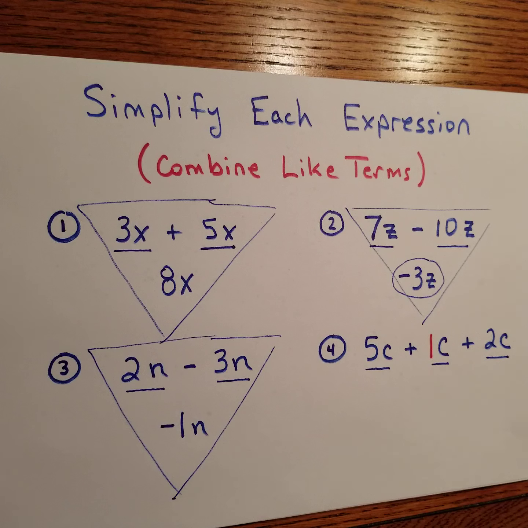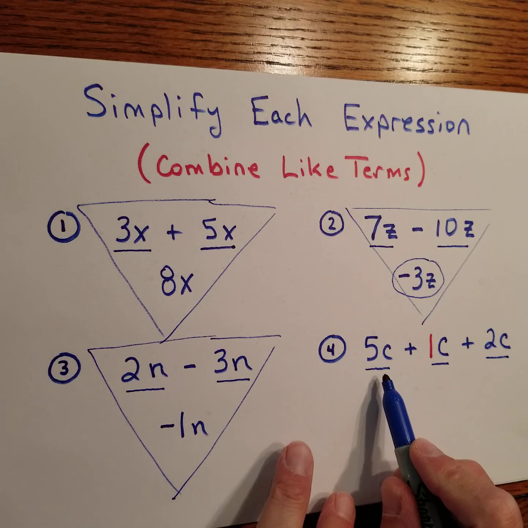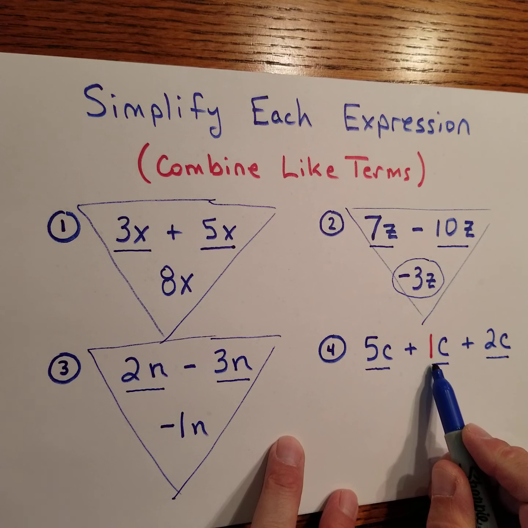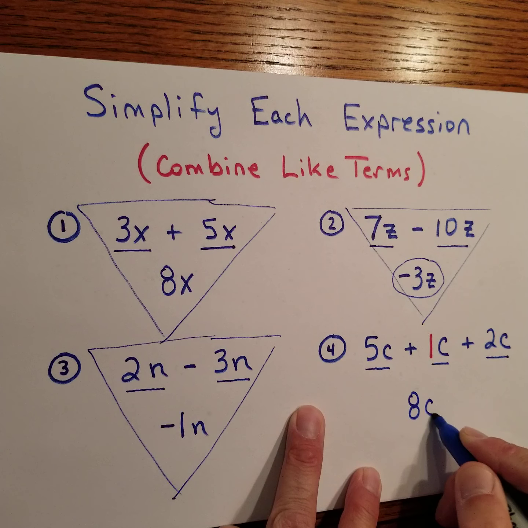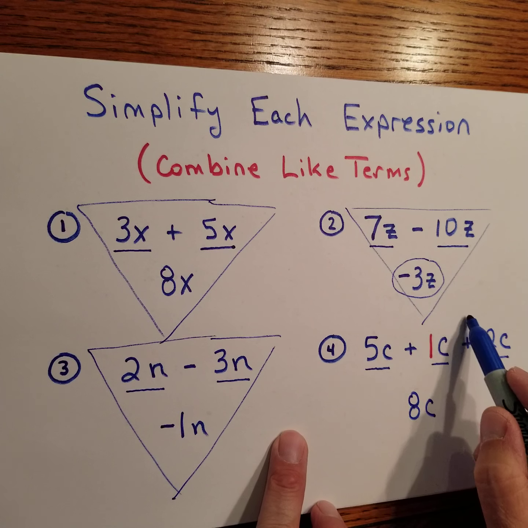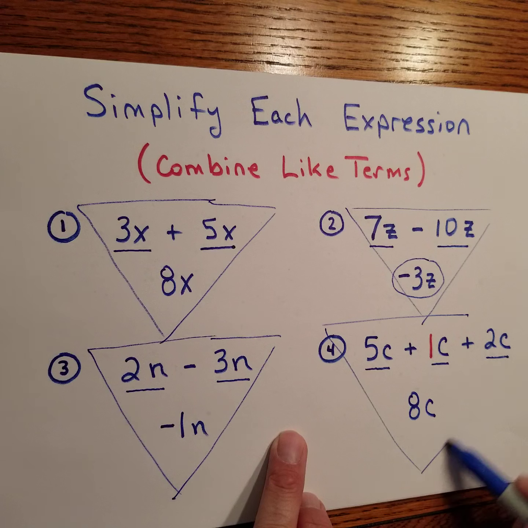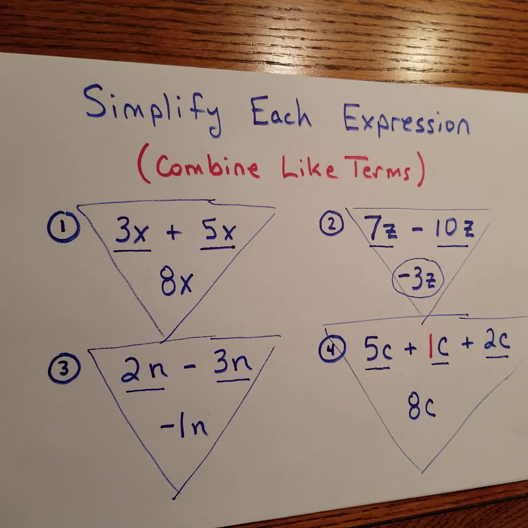You can put a 1 in front of that c, or just remember that it's a 1. Now let's combine. 5 plus 1 is 6, plus 2 is 8. 8c. Again, our work in that nice triangle shape, no equal signs. That looks great for number 4.